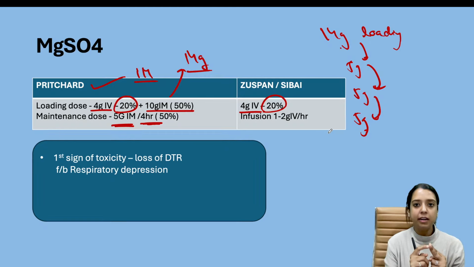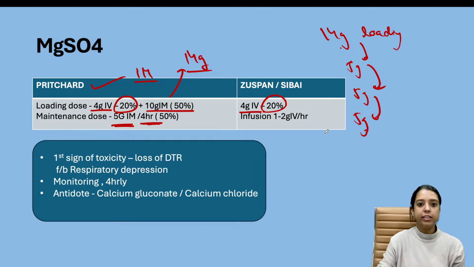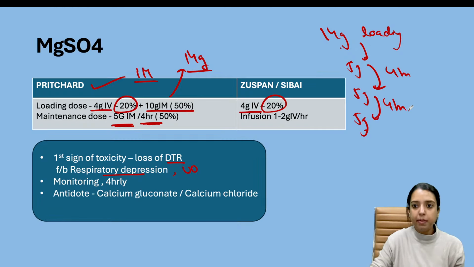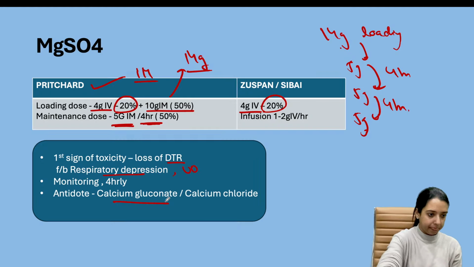I check for respiratory rate depression, which is the second sign. And I check for urine output. How frequently? Every 4 hours. When I'm coming for repeat injection, I check it. If there is a toxicity, the antidote is calcium gluconate.